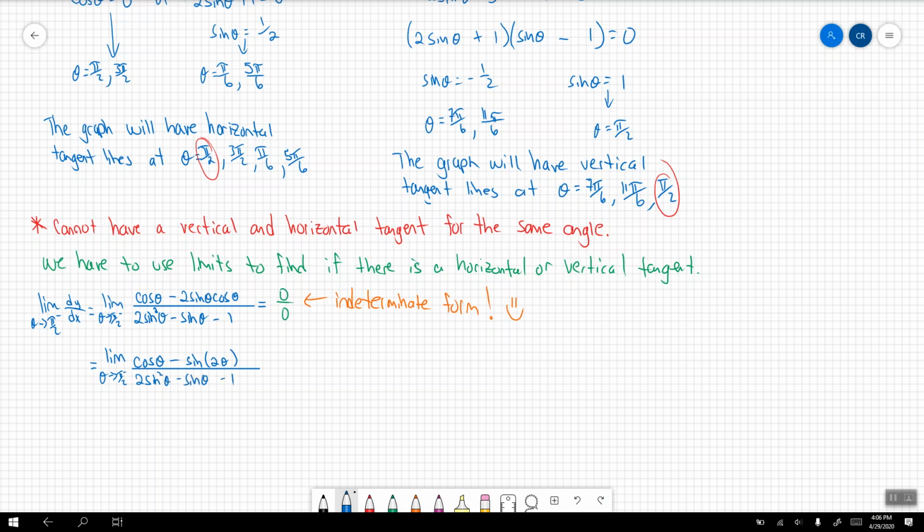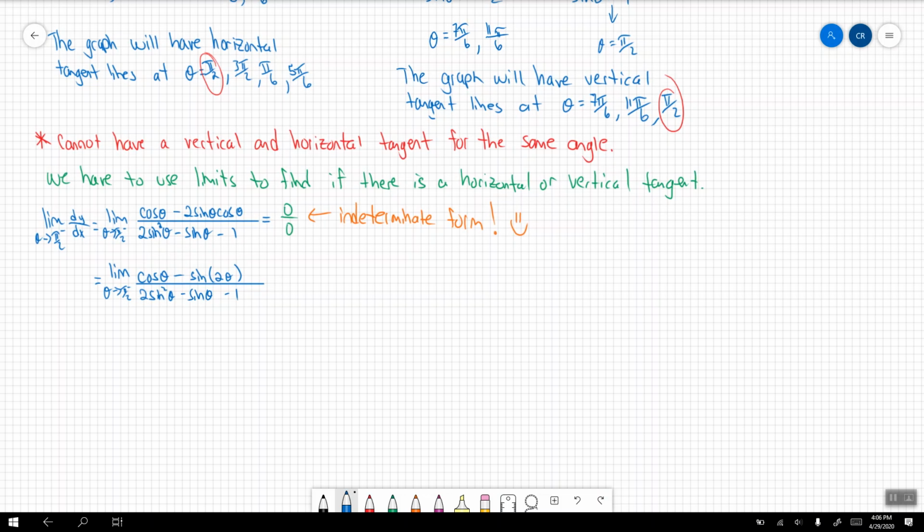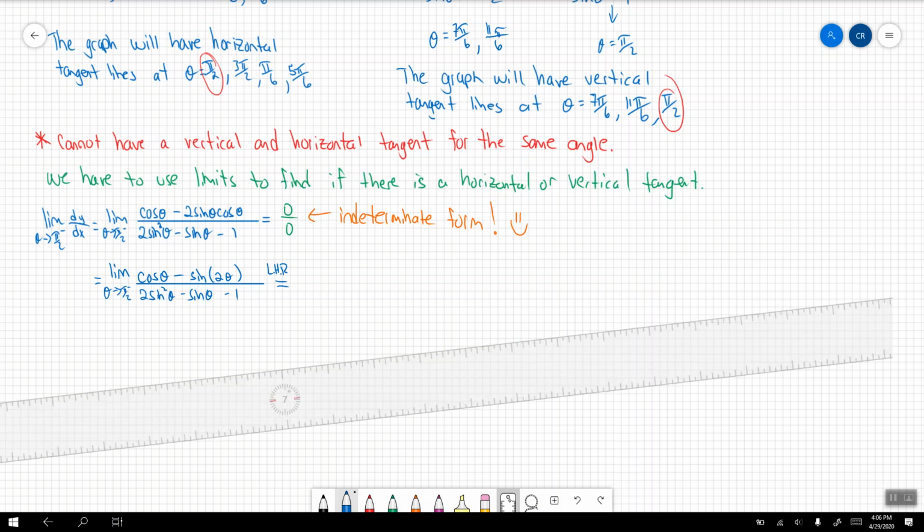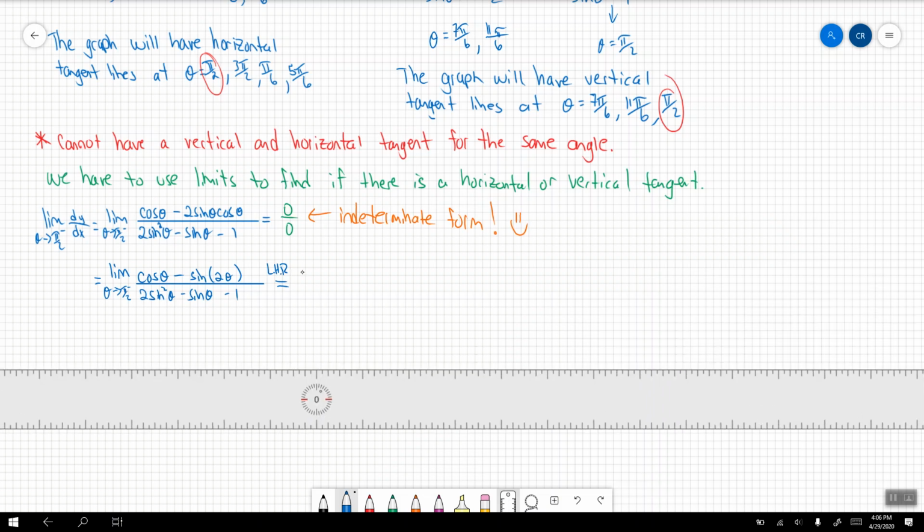Nothing special there. I'm going to use L'Hopital's rule here, and again, you have to show that you are using it. Somehow, some way, you must say you're using it.